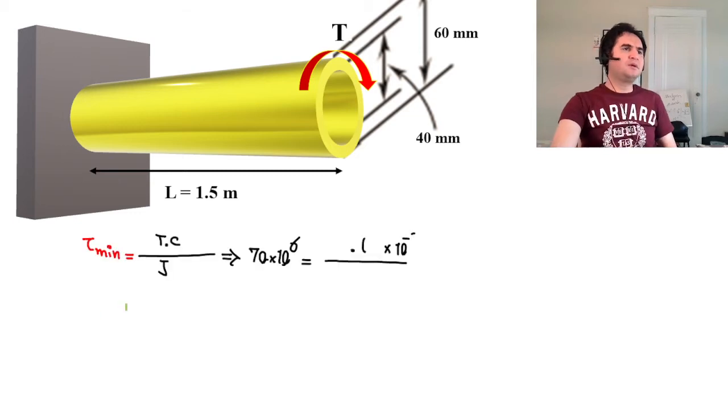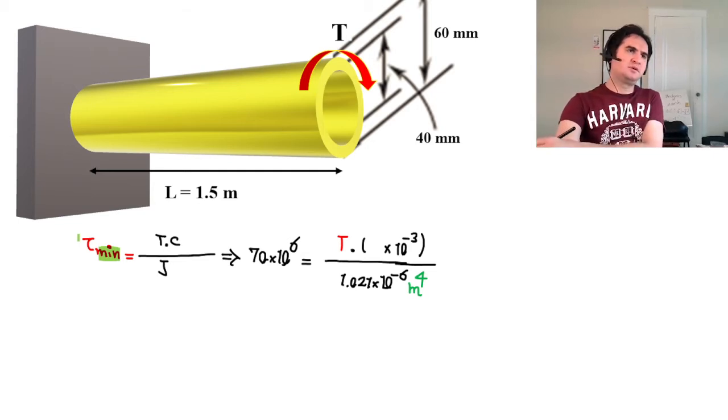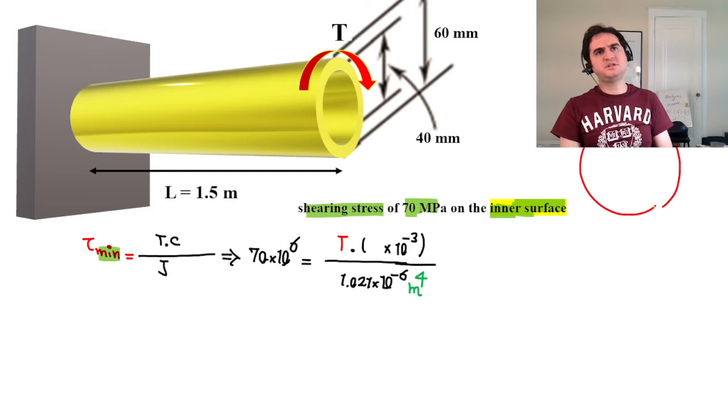At the same time, if we write down the equation for tau minimum, tau is Tc over J from the formula. How do we know that's tau minimum? If you take a closer look at the problem statement, it says a shearing stress of 70 megapascal at the inner surface. If you remember the concept of torsion, as you go farther from the center, you feel more stress.